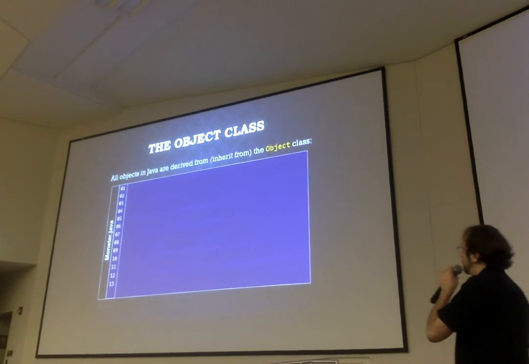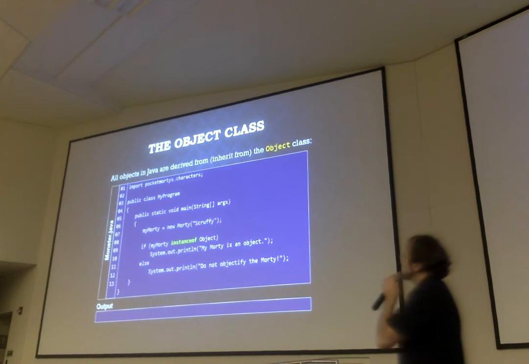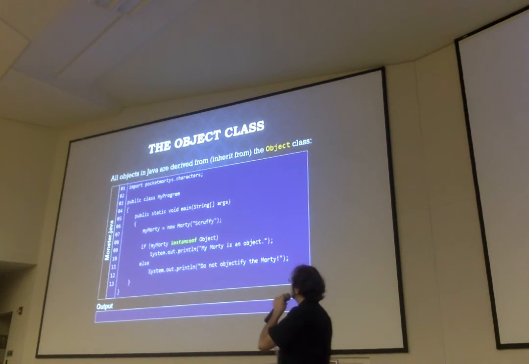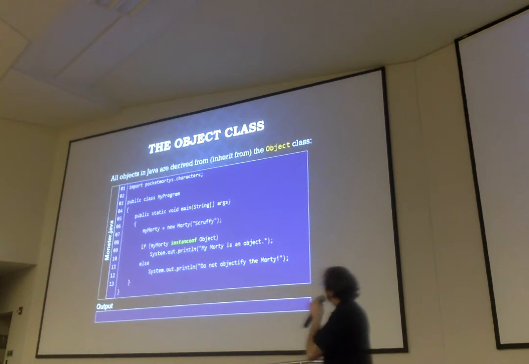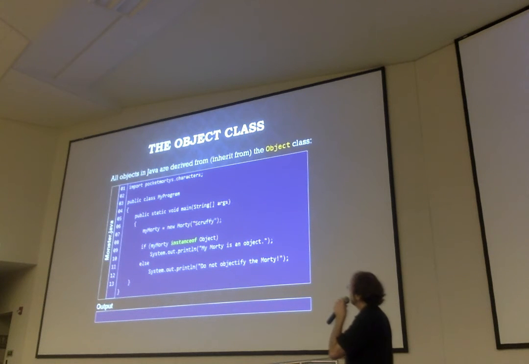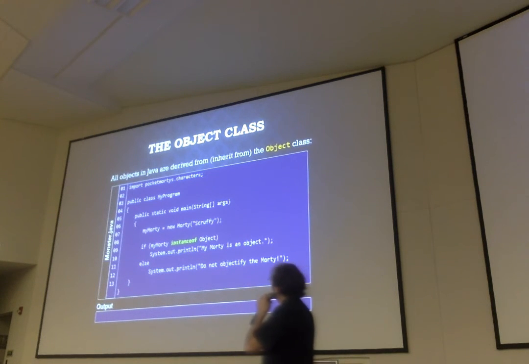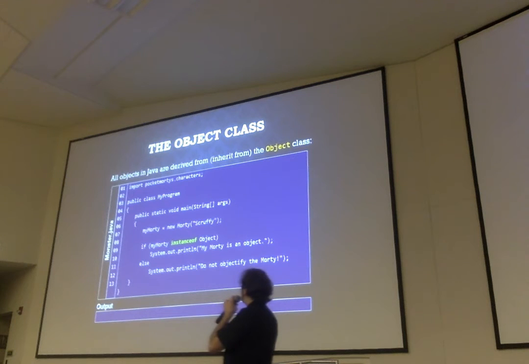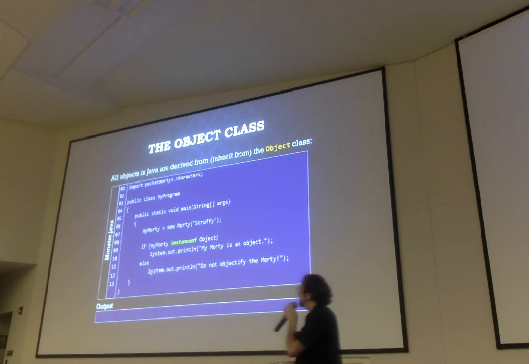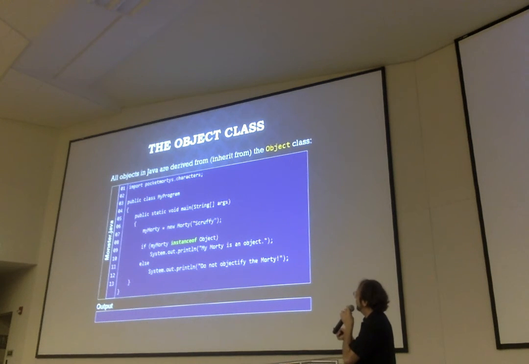It is an object. So here's an example of some code that I could use to look at that. Let's say I created a new Morty called Scruffy, and then I can actually check to see, using a special keyword called instanceof, if my Morty is an instance of the class Object.